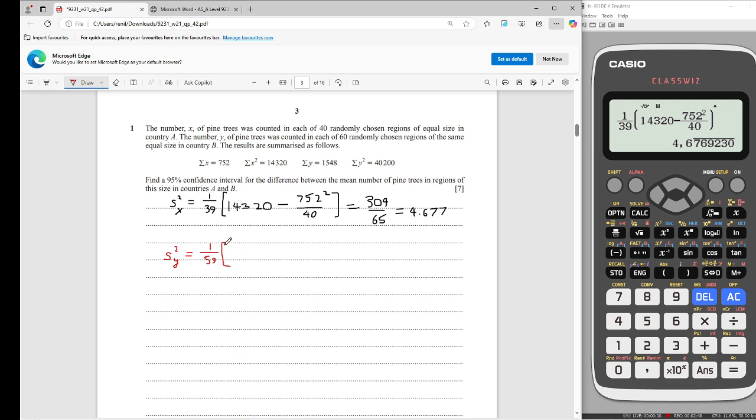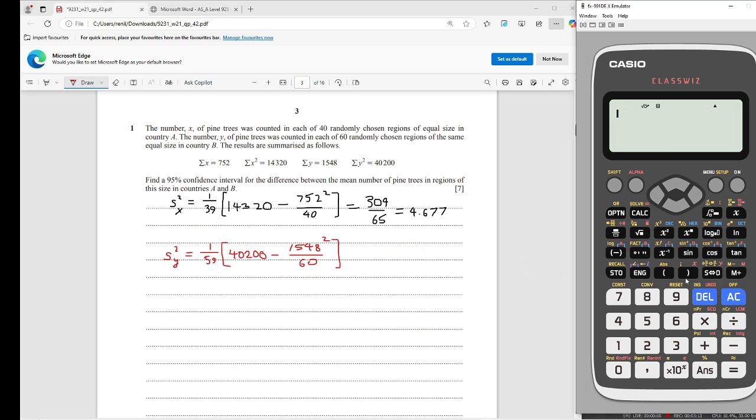Okay, and then we multiply that with sum of y squared, which is 40,200, minus 1548 whole squared, divided by the number of terms of y, 60. And this should be our s² of y.